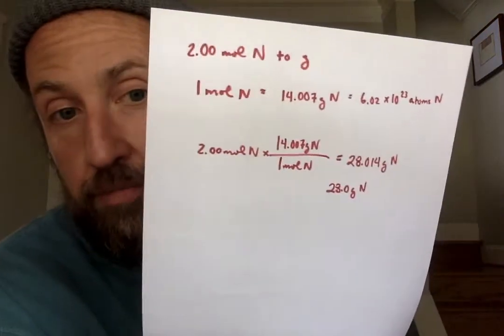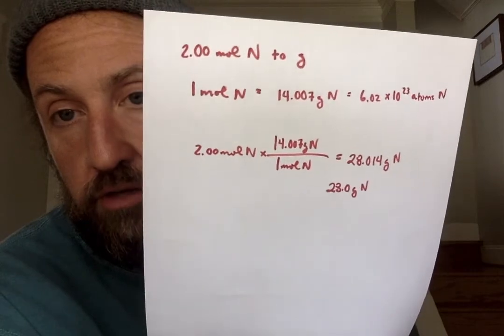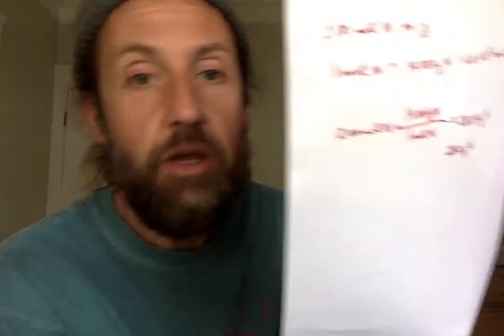So if we report it with significant digits, it's 28.0 grams of nitrogen because the 1 doesn't round up, and that is 3 sig figs. So that's pretty simple. That was the A part.